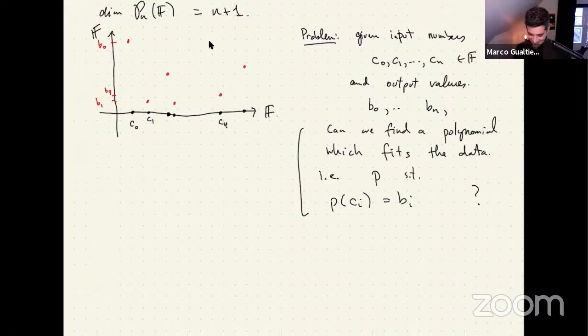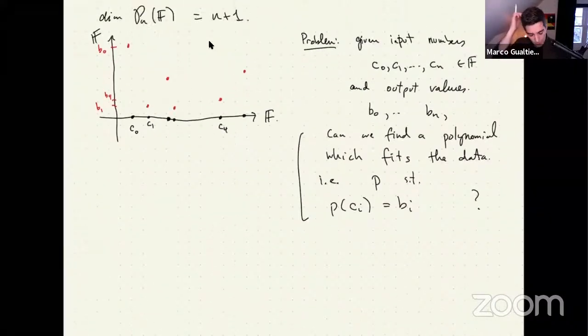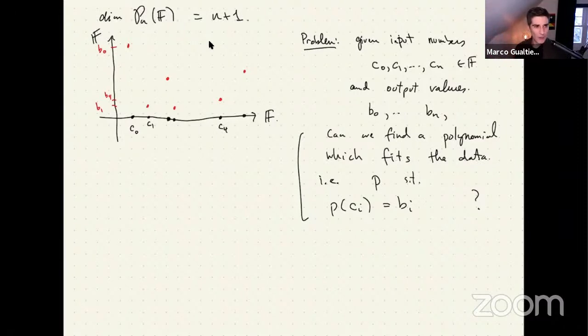Okay, thank you. So the problem is, you could think of these things as constraints. I'm looking inside the space of polynomials, all these infinitely many polynomials, but I want certain constraints to be satisfied. I want it to be the case that when I evaluate the polynomial on C0, I don't just get anything, I get B0. That is one constraint.